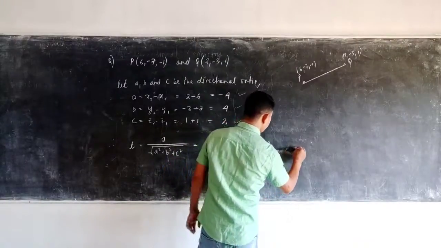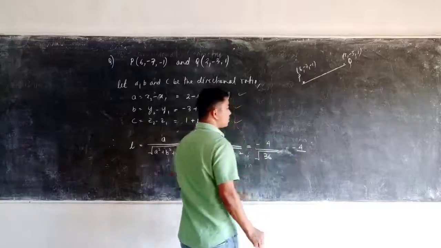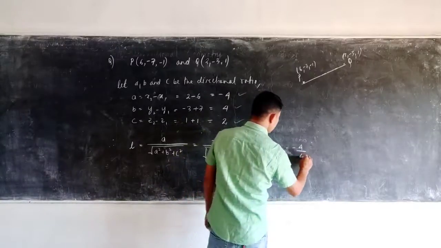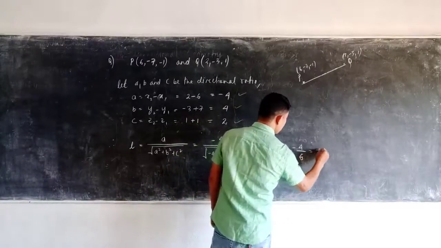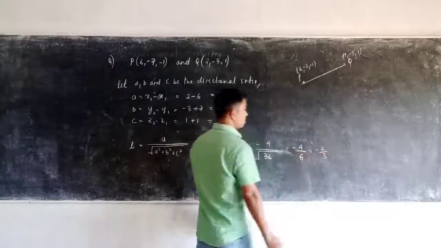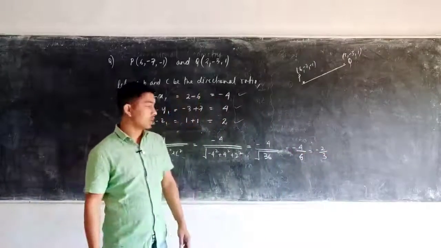So -4 divided by the square root of 36, which is 6, gives me -2 by 3. That is how we find the directional cosine.